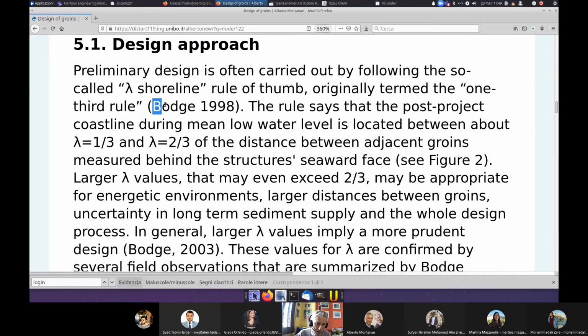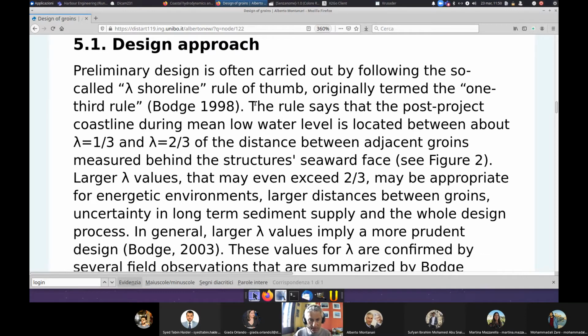Let me emphasize it on the screen. I think you may also explore these references. Most of my references are freely accessible on the web. So what does this rule of thumb say? Let me explain it in words, and then I show you a sketch.